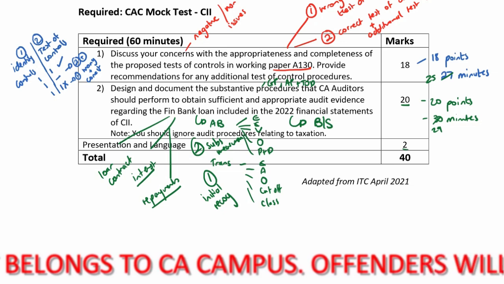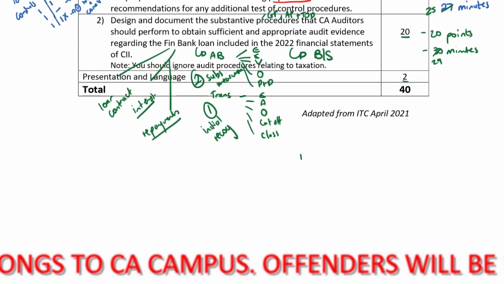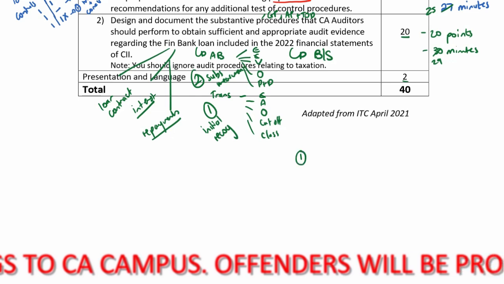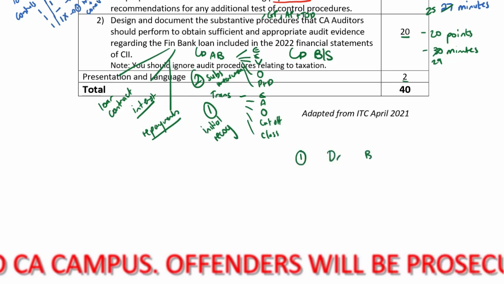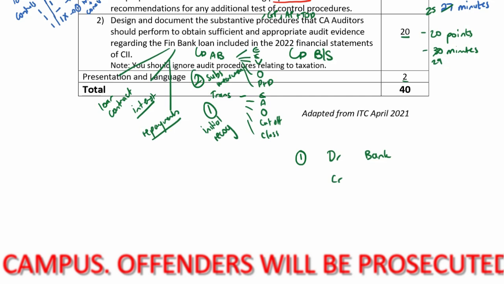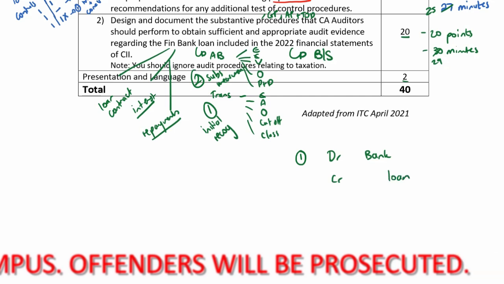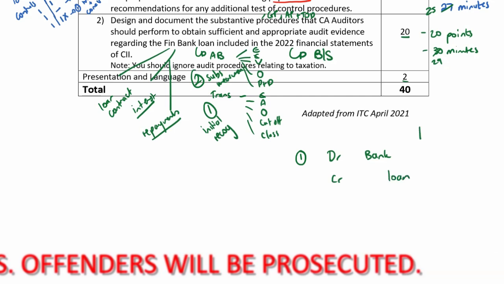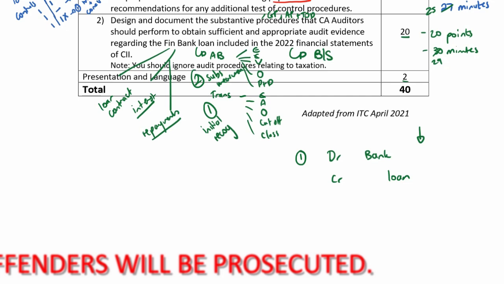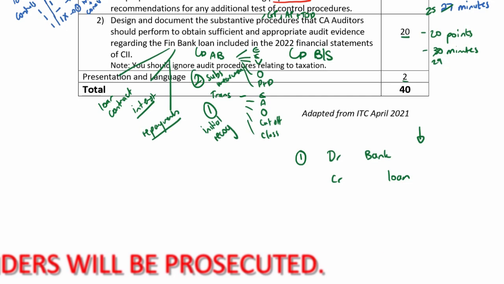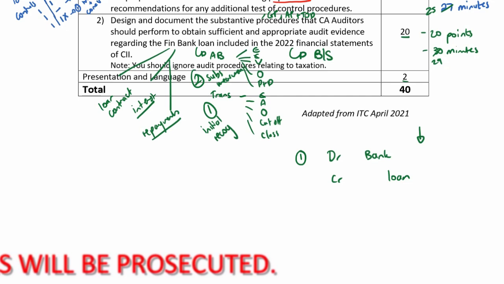So there is a journal entry. On the date that they take out this loan, they will debit bank and they will credit this loan. So I need to test this entry first. It's a transaction. You can see that it's just taken place.